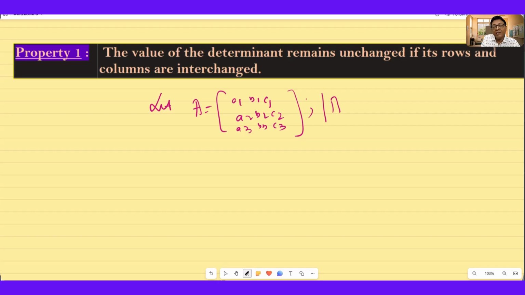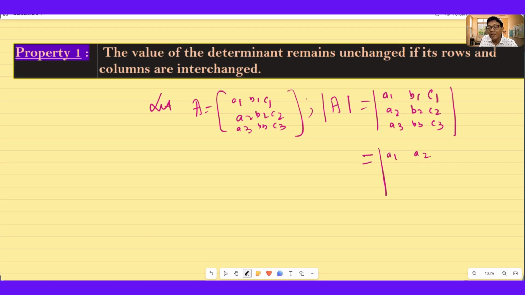Then det A is this determinant; we find determinants of square matrices only. This will have the same value if you take the transpose, changing rows into columns; the value of the determinant will be the same.